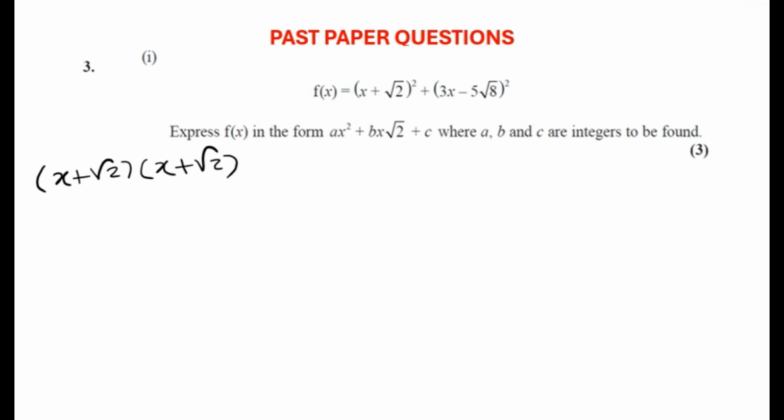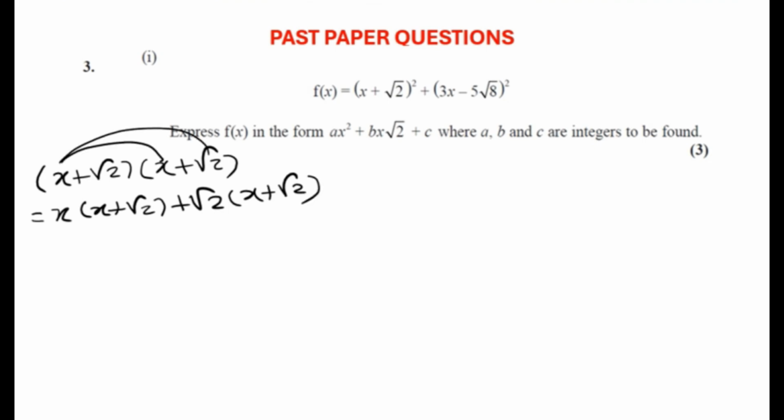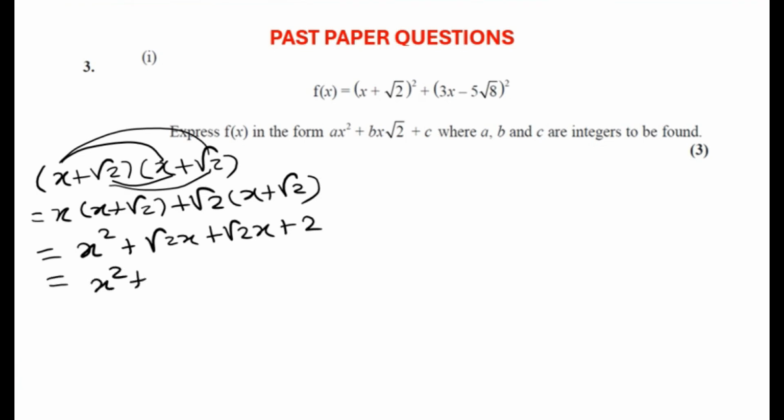When I expand, x into x plus root 2 plus root 2 into x plus root 2. You can multiply this way as well, however you feel comfortable. So it is x squared plus root 2x plus root 2x plus 2. So x squared plus 2 root 2x plus 2. This is the simplification of this part.